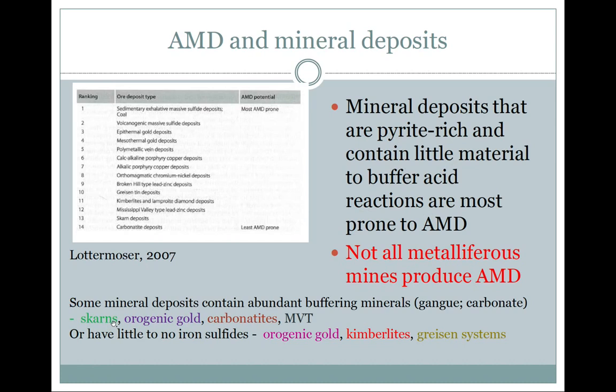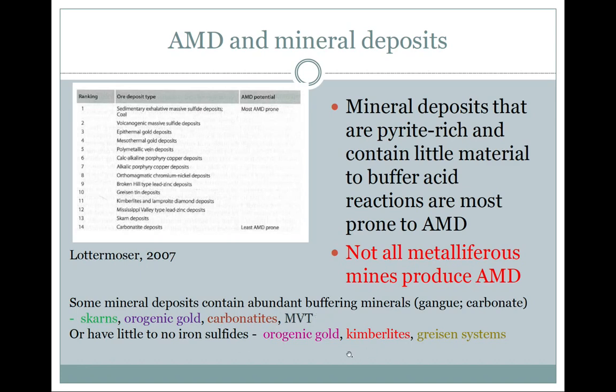We have a lot of carbonate waste rock, and if you add limestones to the base of the tailings, you can actually rehabilitate the acid mine drainage by reacting with an alkaline rock and trying to change the pH back towards neutral. Orogenic gold, of course, most of it is gold, limited sulfide, so it's not a bad deposit. Also contains carbonate in the gangue, carbonatites, and Mississippi Valley.